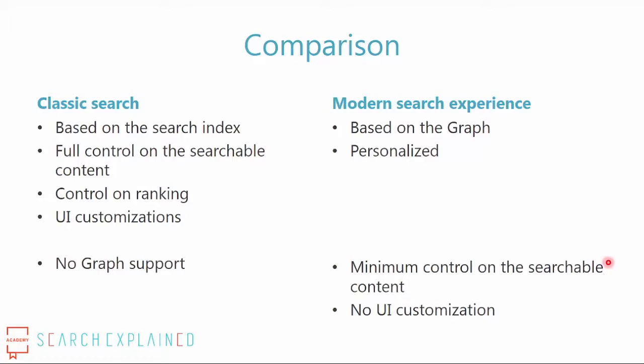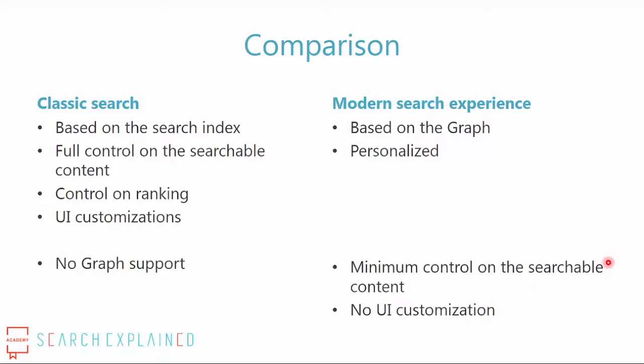We have only minimal control over the searchable content. We can exclude content from being in the graph, or as users we can decide not to get suggestions, but in this case we are not getting the benefits of everything.